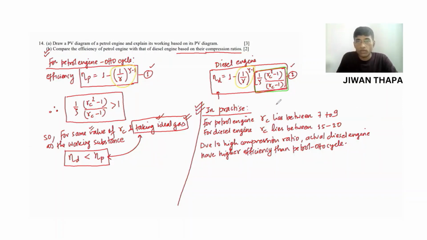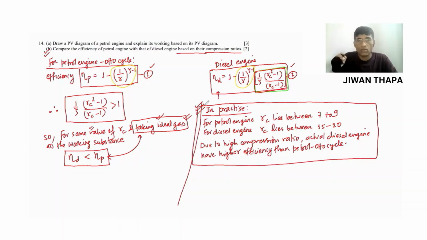So we need to note this point. The earlier condition is applicable only for the same value of rc and taking ideal gas. But in real practice, the efficiency of the diesel engine is greater than the efficiency of the petrol engine. Why? Due to the high compression ratio of the diesel engine.